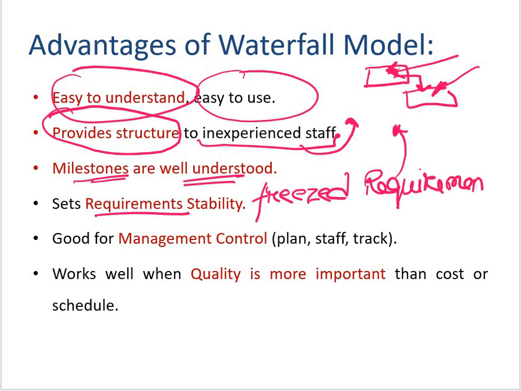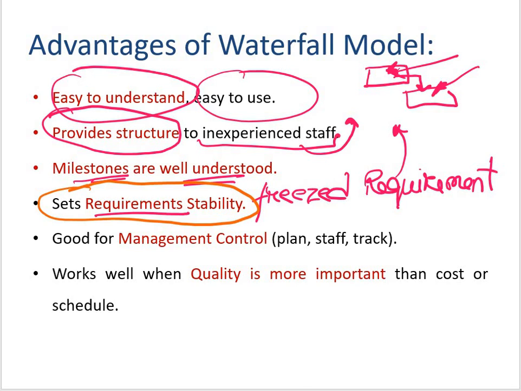For example, initially, as an end user, I say I need an application in PHP, and when the coding starts, all of a sudden I say no, let's go ahead with some other scripting language. That's not possible in the waterfall model, which specifically says that requirements should be frozen and stable, and only then should you use this model.